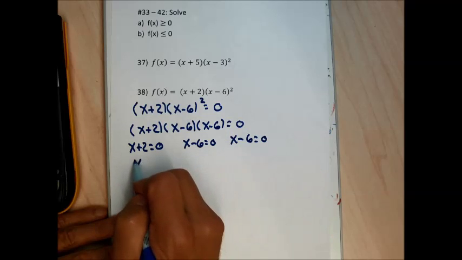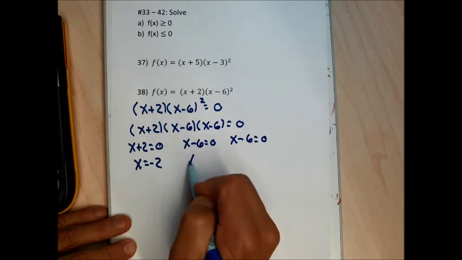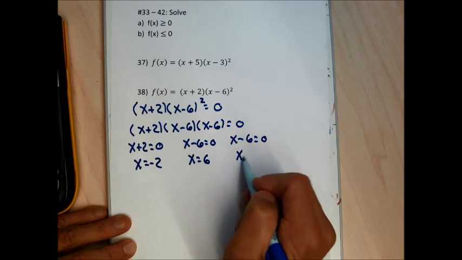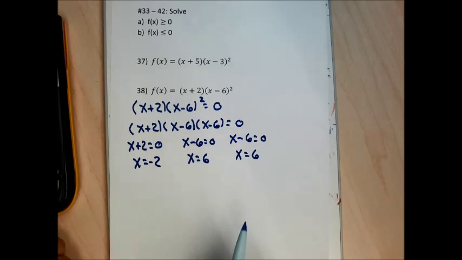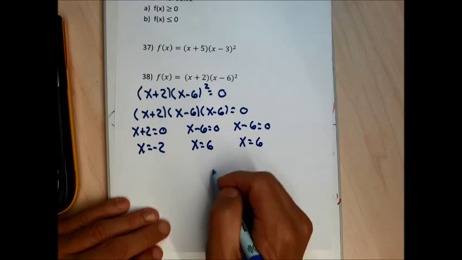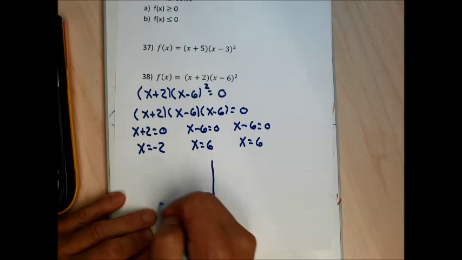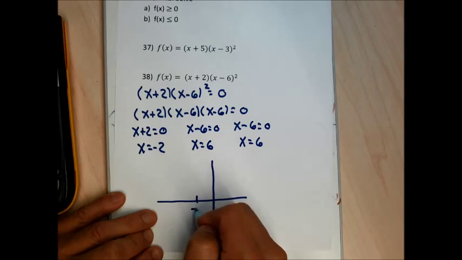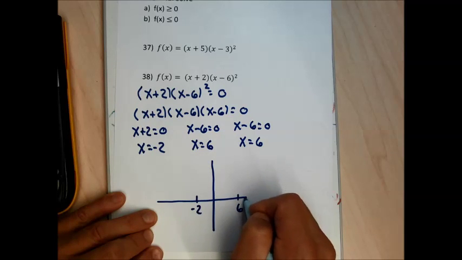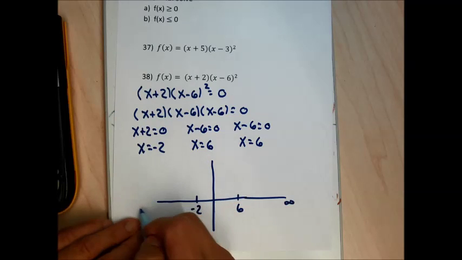I'm going to get x-intercepts at x equal to negative 2 and at x equal to 6. And that x equal to 6 is going to be that single point for one of the answers.